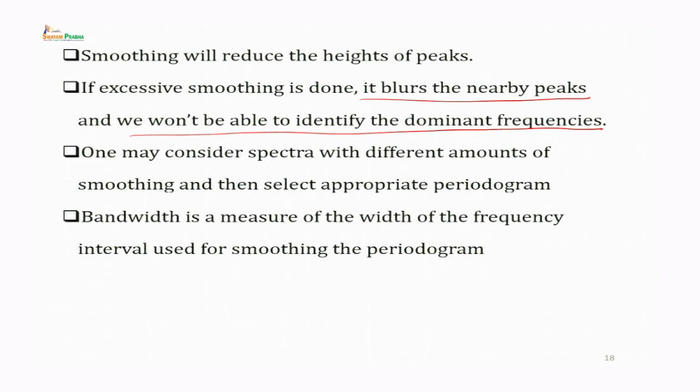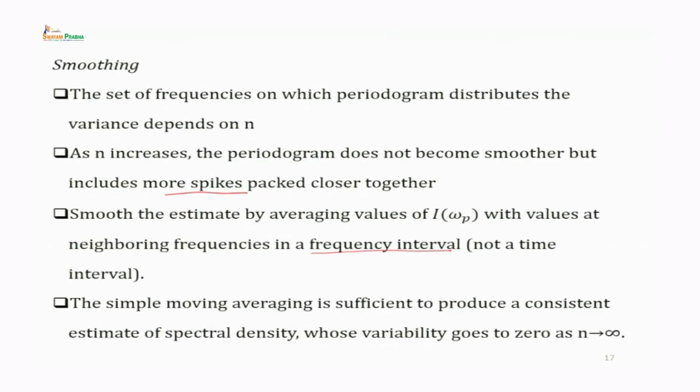If you do under smoothing, then you may find a large number of spikes packed closer to each other. So, in that case also you will not be able to identify the dominant frequencies.